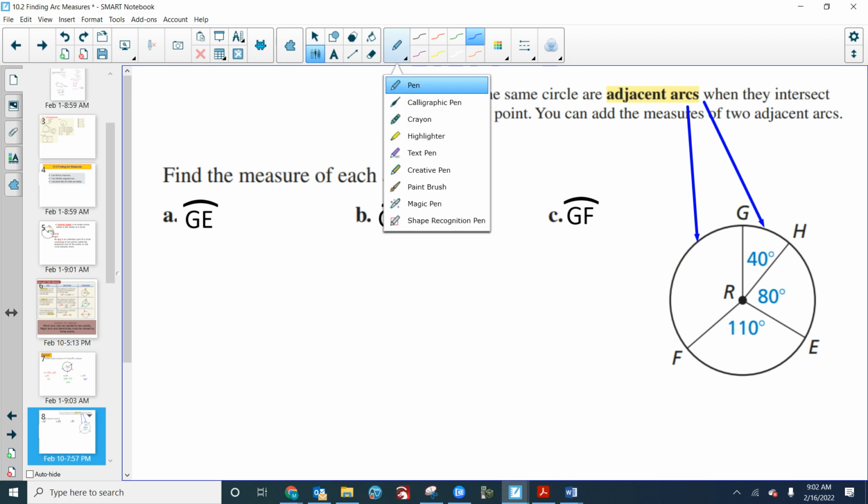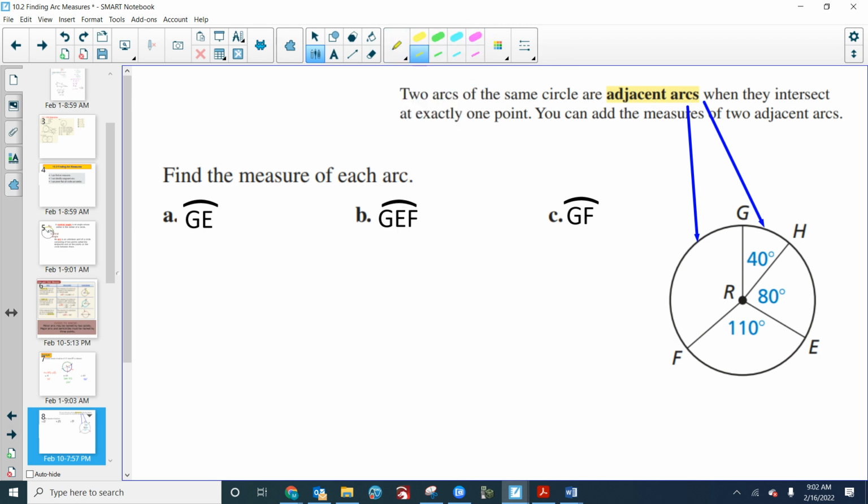Arc GE goes from G to E clockwise or to E counterclockwise? I heard clockwise. I agree. If it's named with 2 letters, you have to go the closest path. Now, I will warn you. Some books, some problems could call it arc GHE.